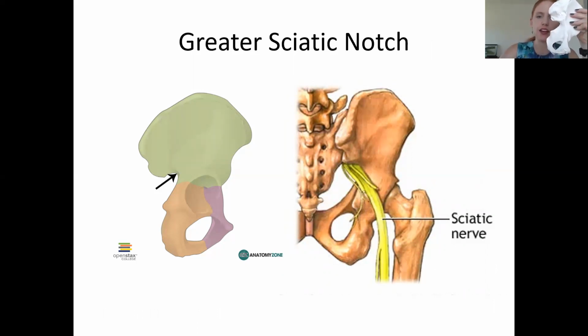So this big cutout that allows the sciatic nerve to exit is the greater sciatic notch. By the way, when you have a greater sciatic notch, you also have a lesser sciatic notch, which would be this one right here, but I don't think that's on your list. So this big one here is the greater sciatic notch.